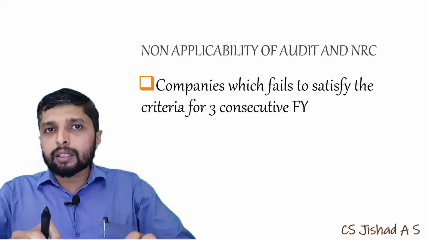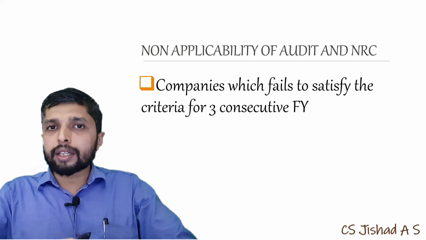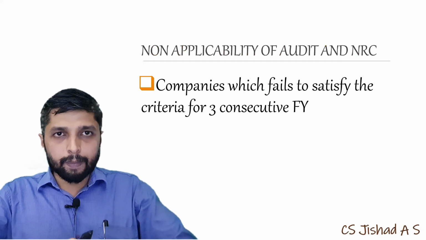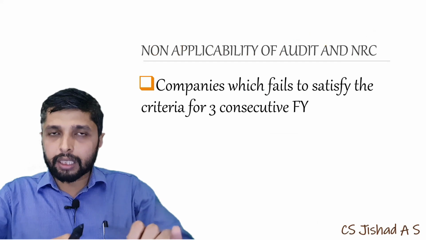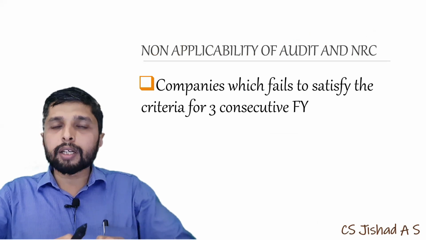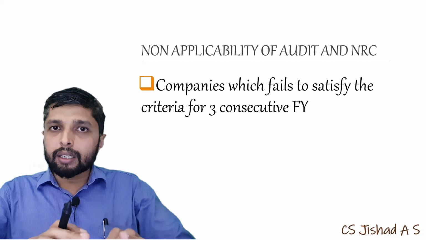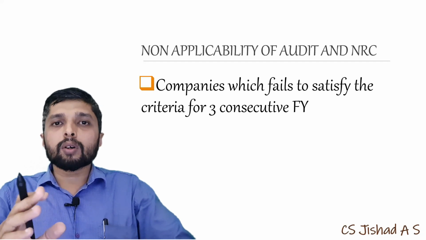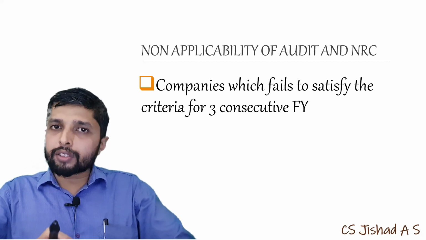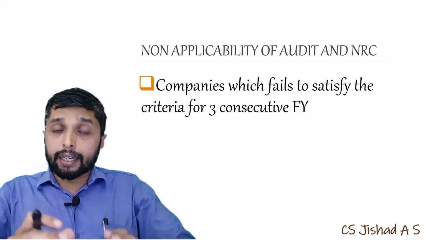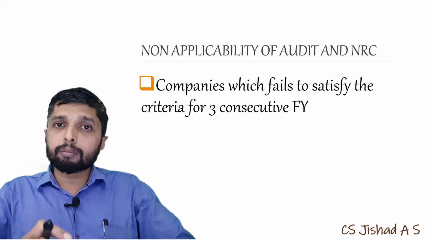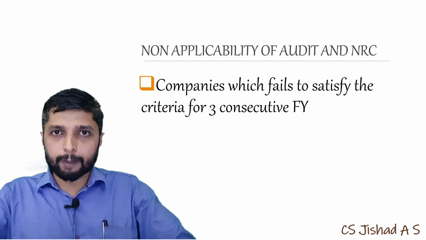We know that audit committee and nomination and remuneration committee are applicable to 2 sets of companies. Number 1, listed public company. Number 2, unlisted public company which is having paid up capital 10 CR or above, or turnover 100 CR or above, or aggregate outstanding loan, debenture, deposit in excess of 50 CR.